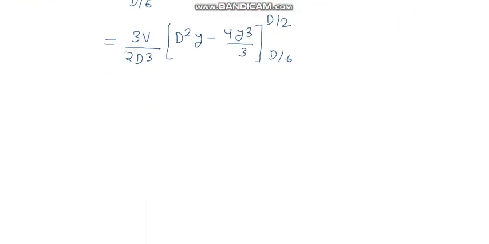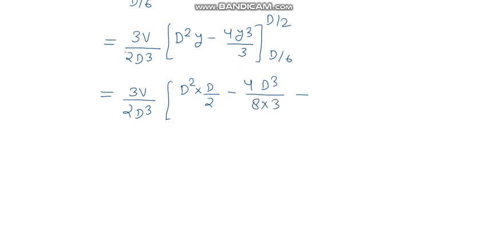Now by integrating we get 3V upon 2D cube times D square into D by 2, minus 4 D cube by 8 into 3, minus D square into D by 6 plus 4 by 3 into D cube by 6 cube.